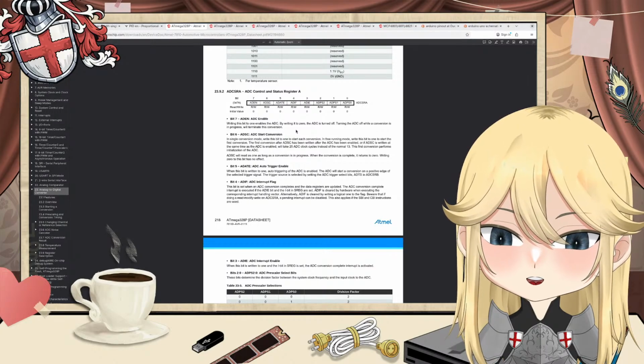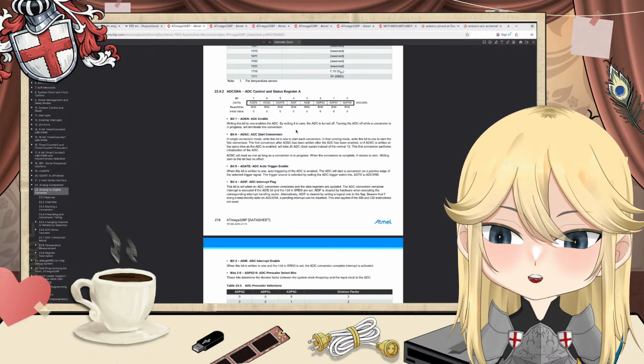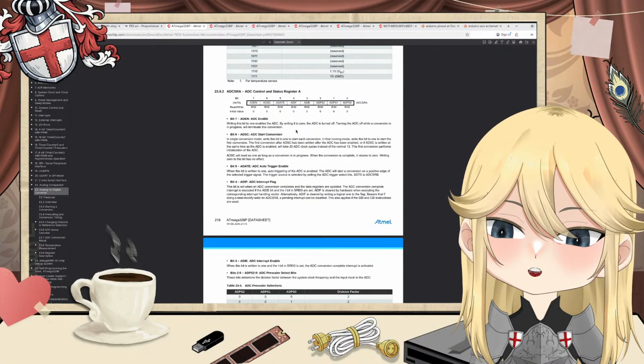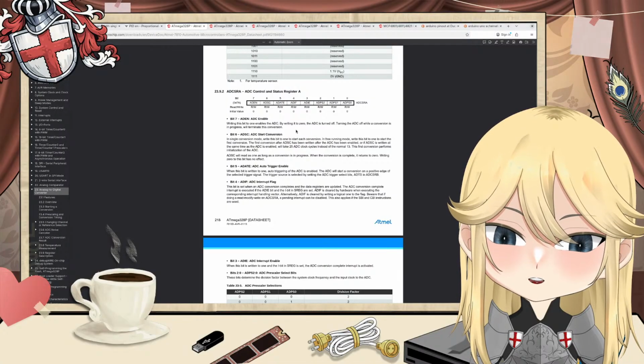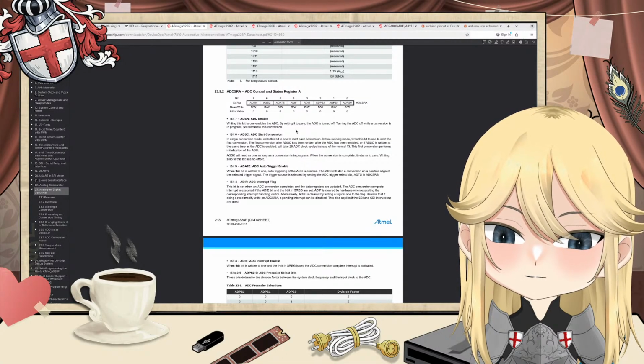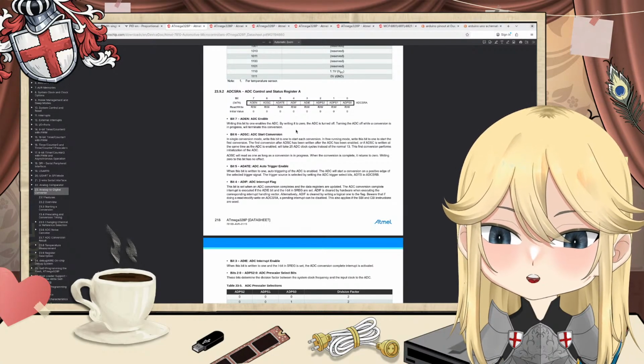ADEN, ADC enable. Okay, ADSC. In single conversion mode, write this bit to 1 to start each conversion. In free running mode, write this bit to 1 to start the first conversion.